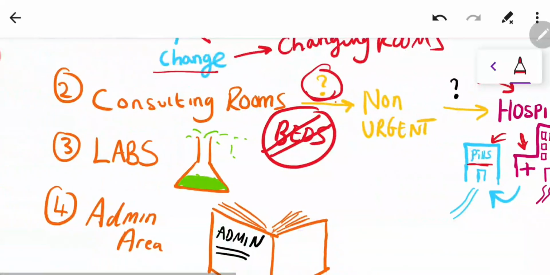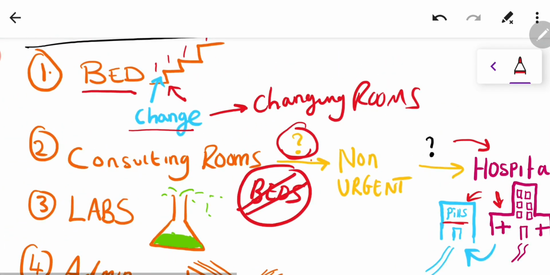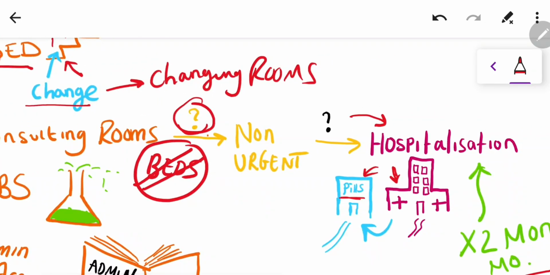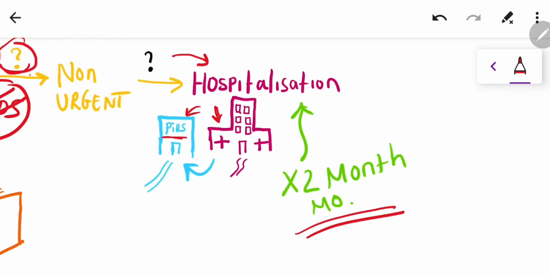Okay, so we've just added another 2, 3 things. So consulting rooms with no beds, that's one. Why? Because they're for non-urgent people. 2, we send the people to hospital, like proper care, and nearby there should be a pharmacy.